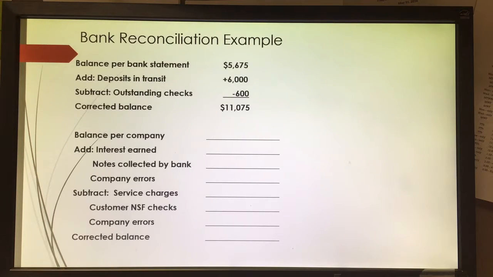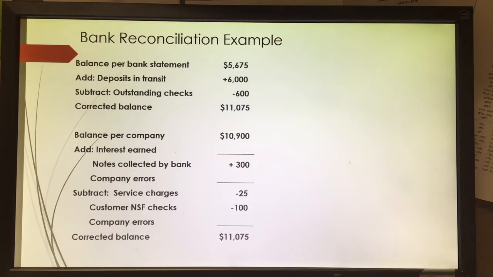Well, let's turn our attention now to the lower part of the bank reconciliation, and that is the portion that concerns the company's records. The balance per the company's checking account on the statement date is $10,900. Now, we've got these items that we've already mentioned. Notes collected by the bank, that is a $300 increase to our cash account.